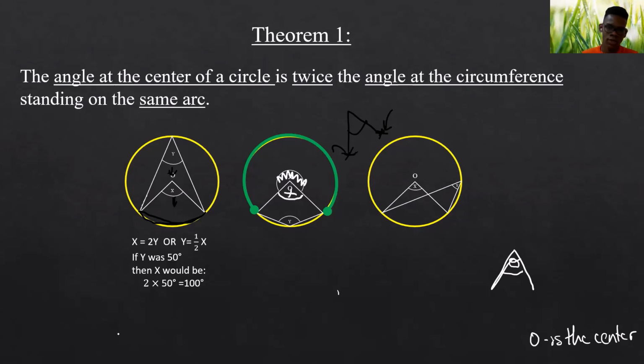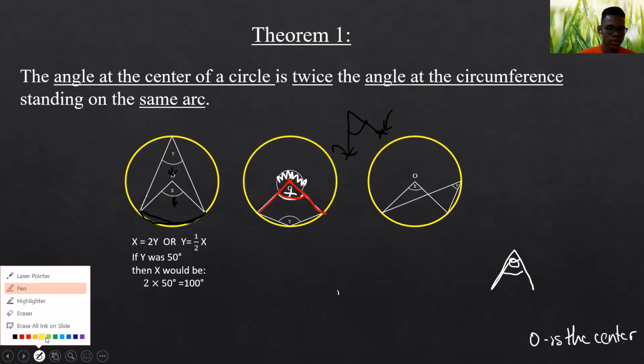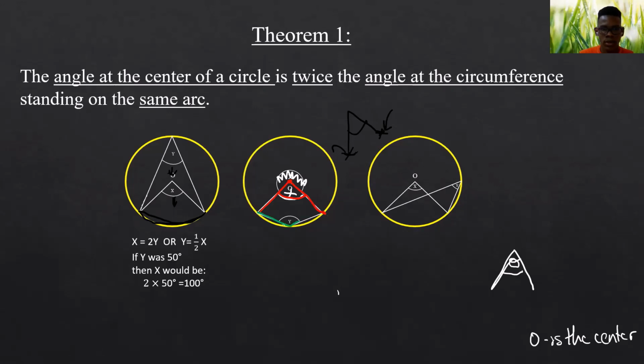You might say, okay, this angle X is an angle at the center, and I can't argue with you there. This angle is indeed at the center, but this angle Y is at the circumference again.